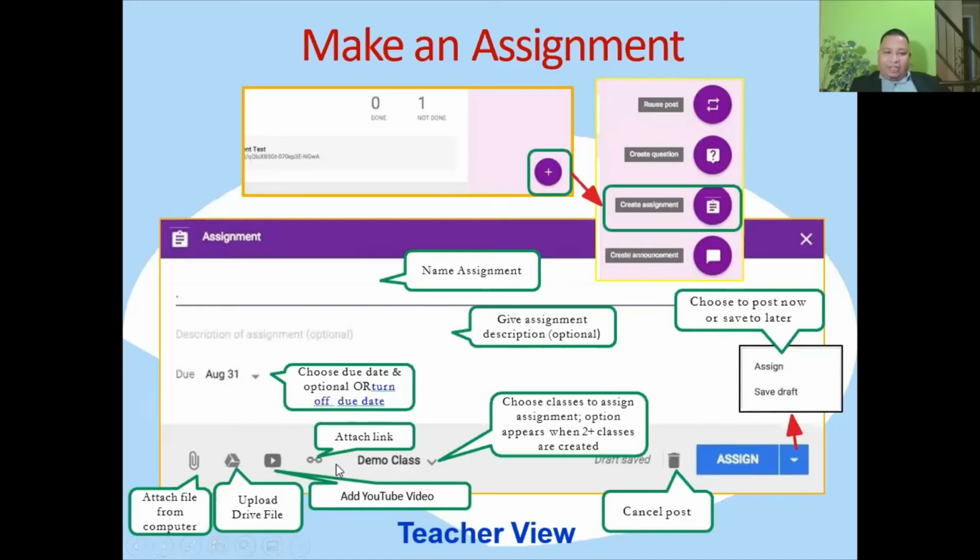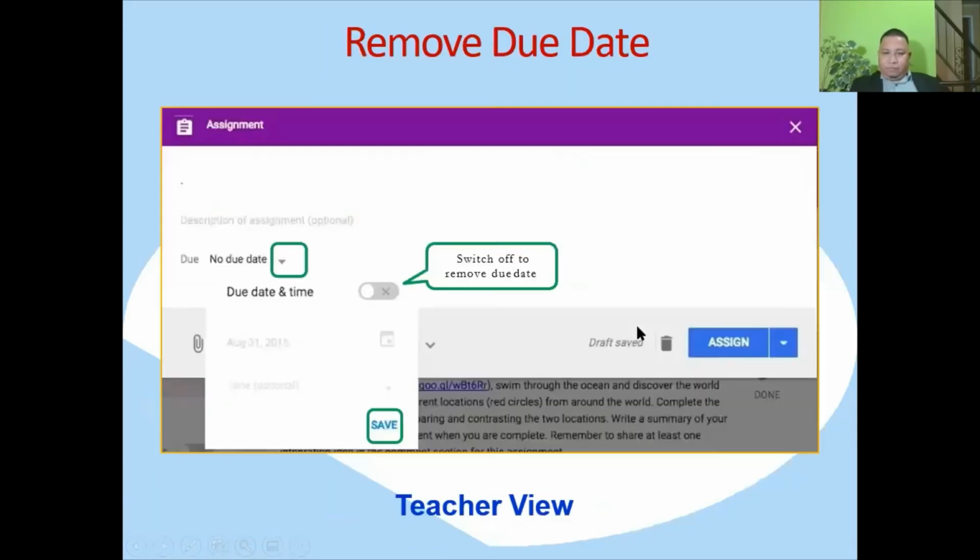Attach link, you can attach link from any online quizzes. Then upload drive file and attach file from your computer, your teacher-made questions. You can also add YouTube videos, so on and so forth. You can remove the due date if you like.